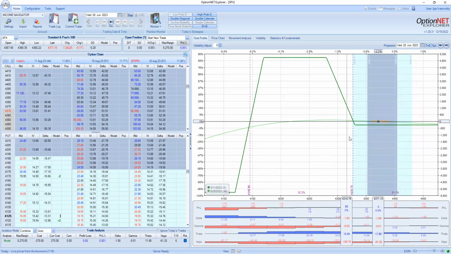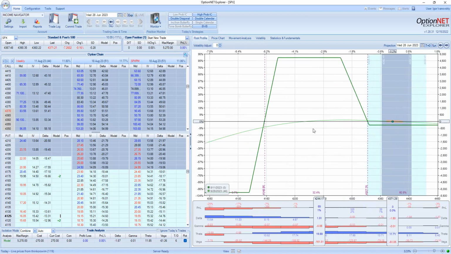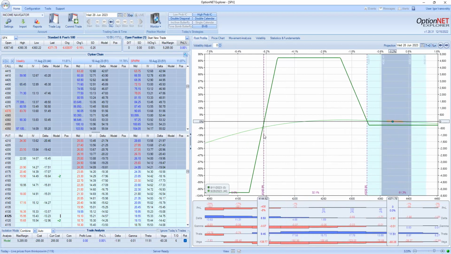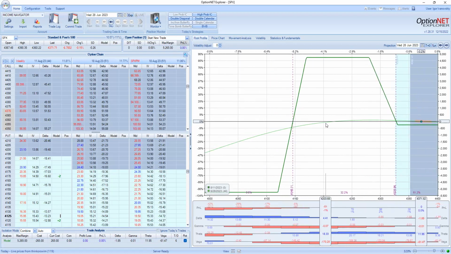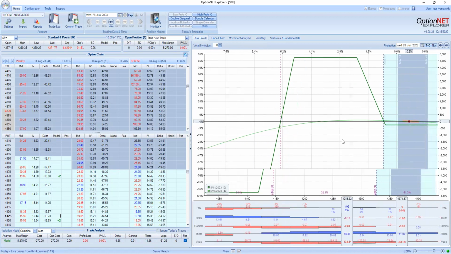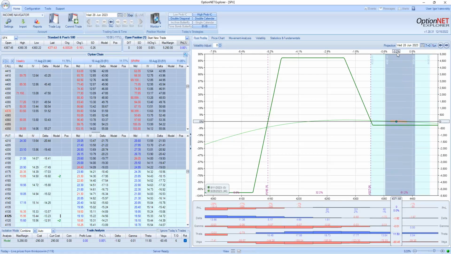If the price is starting to aggressively move and it looks like it's going to potentially take out the downside break even, we don't really have anything urgent to do, but we don't want to fall asleep at the wheel. If we break underneath our downside break even, you can see that from today's price, we're at 43.75.